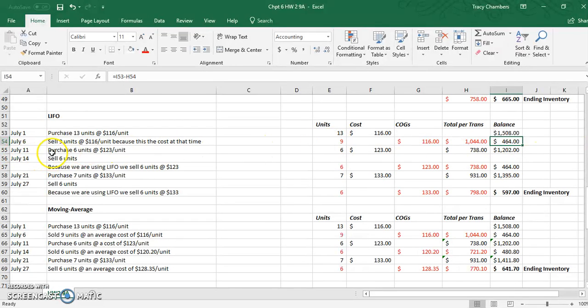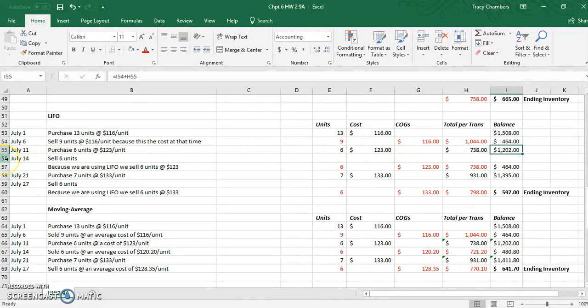On July 11th, we purchased 6 units at $123. So 6 units at $123 gives us a total transaction of $738, and we add that to our balance of $464, which gives us $1,202.